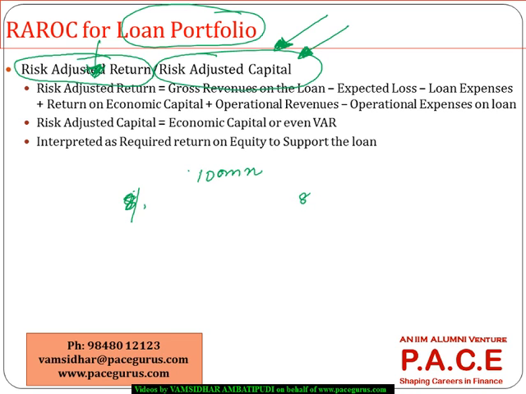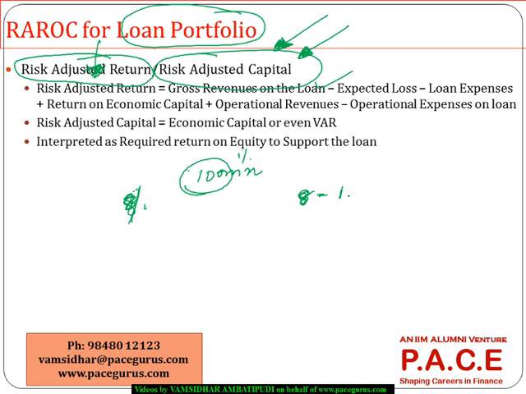Or let me take 100 million for simplicity. I've given a loan of 100 million in a particular business unit, and on average I'm getting an 8% return on that. So my gross revenue for this period is 8 million, and I am expecting probably 1% of these people will default.